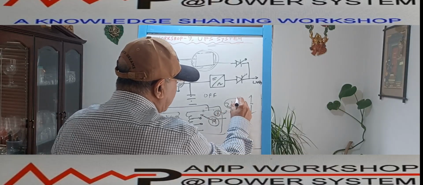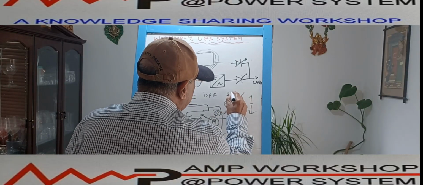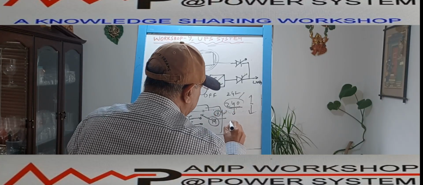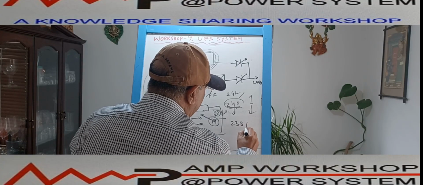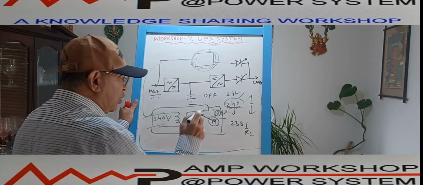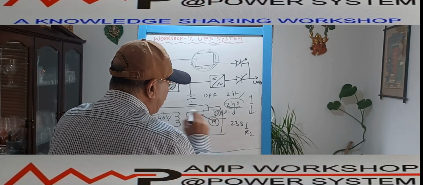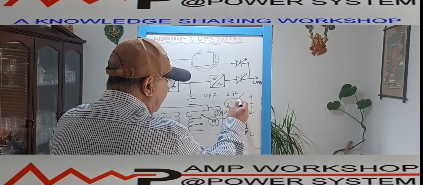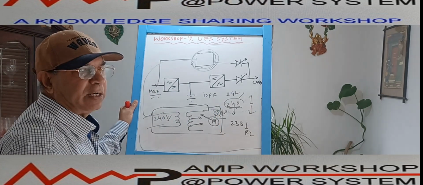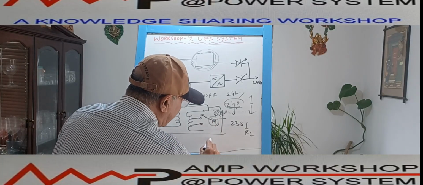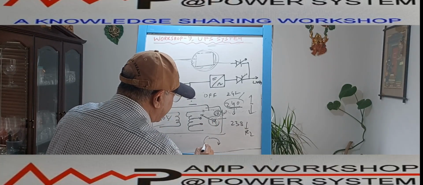One relay is activating on the up voltage. Suppose this voltage gets to 242, immediately relay R1 is activating, and if this voltage comes down to 238, then another relay R2 is working. So the moment this output voltage goes up or goes down, the respective relay is working, and this relay is giving a signal to the motor to rotate either in the forward direction or reverse direction.